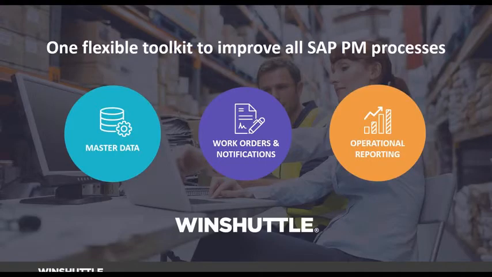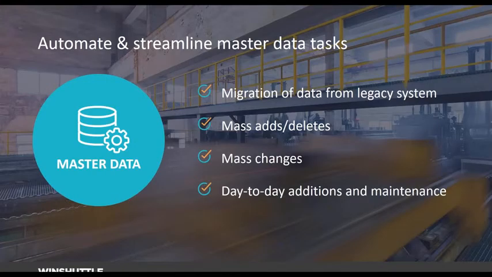So we give you a flexible toolkit that can be used to streamline processes and improve data quality across the maintenance department. And let's look at master data first. So we all know how important it is to get your master data right and keep it right, but sometimes the sheer mass and scale of that can be overwhelming.